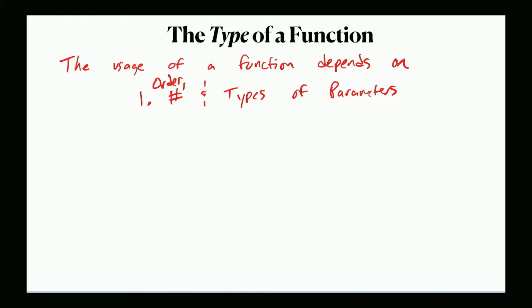So the order of the types is important. So if you have a function that's defined to take a string as its first parameter and an integer as its second parameter, you can't call it with the inverse and expect a correct evaluation.